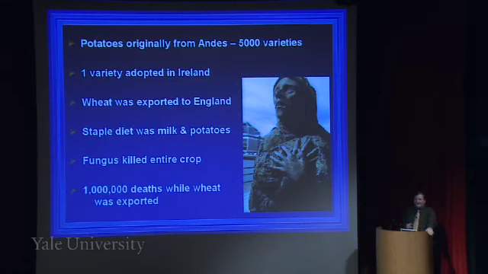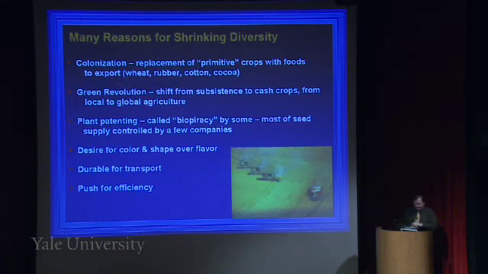And 1 million people died in Ireland while wheat was being exported to England because of economic conditions. And so if more varieties of potatoes had been grown in Ireland at the time, some would have been vulnerable to this fungus, others would not have, and it's quite possible that a famine like this could have been averted.